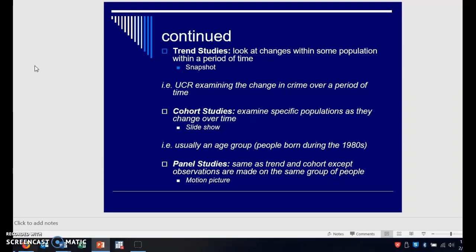So again, going back to the idea of looking at the class of 2020, I sample, let's make it more manageable, 50 students in the class of 2020, when they were freshmen in 2016, and then I follow those specific 50 students across time, through their years at Ball State and beyond. And maybe I might survey them, I may be interviewing them, and so forth. That's the difference between a cohort study and a panel study.